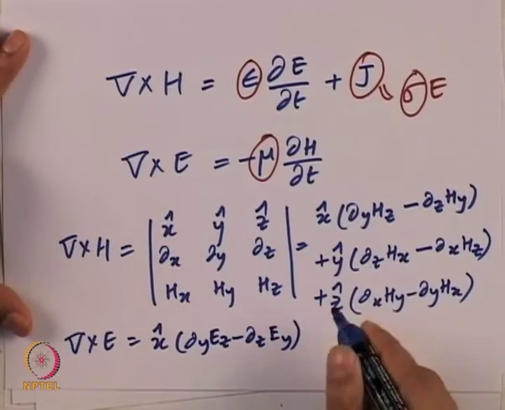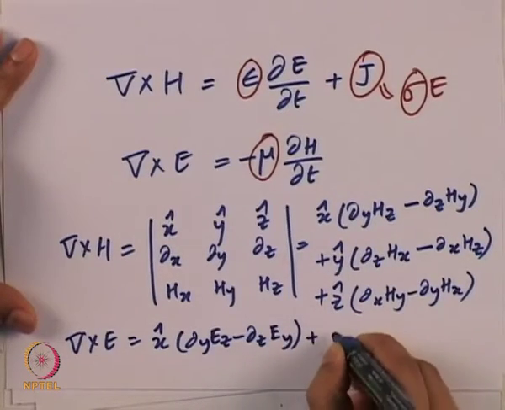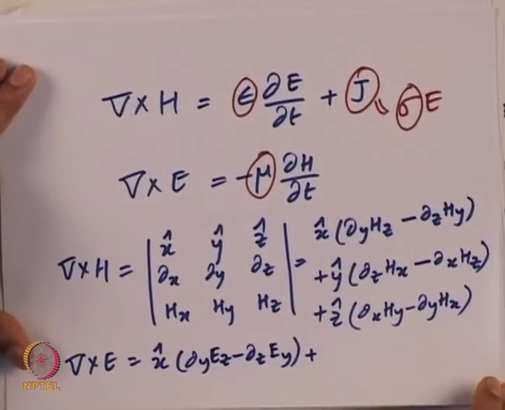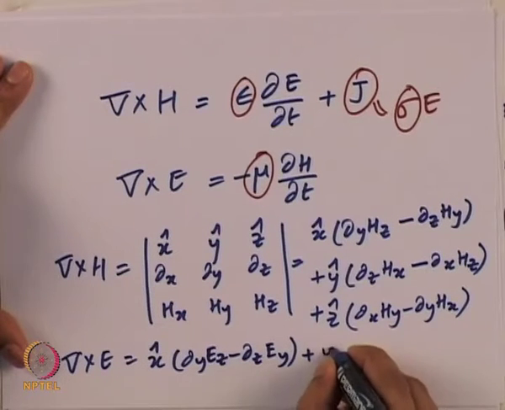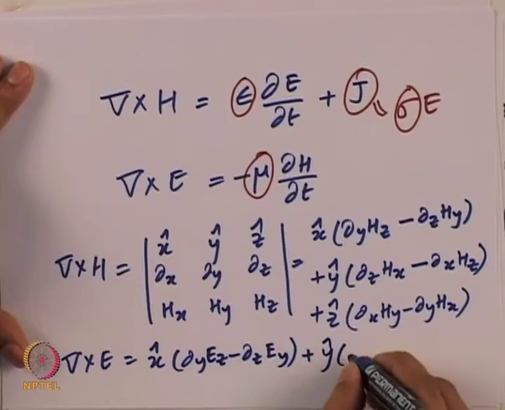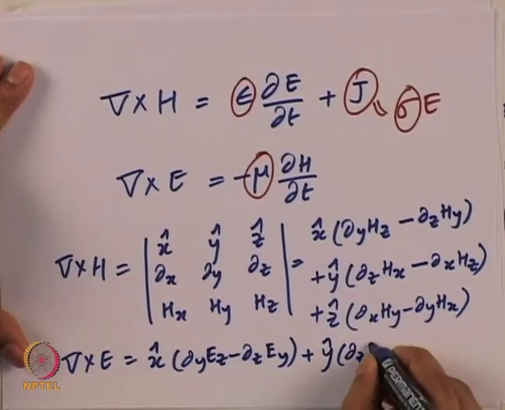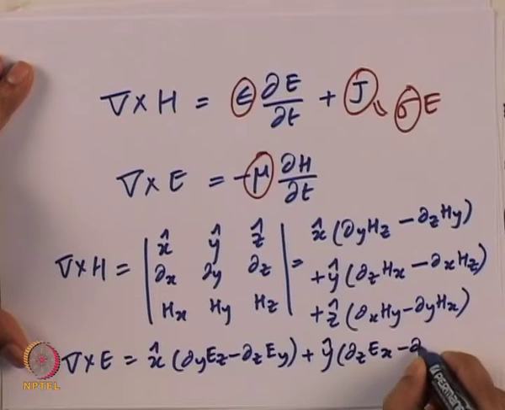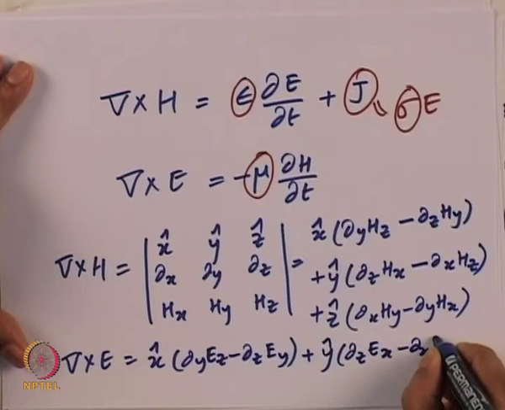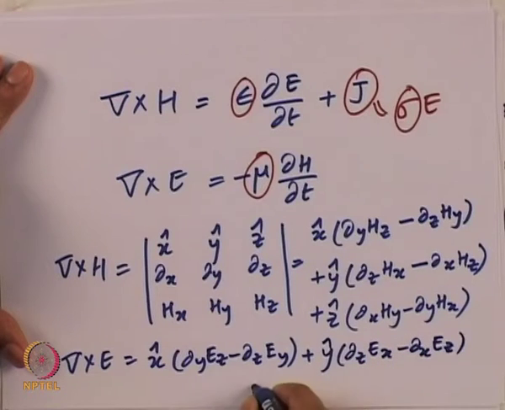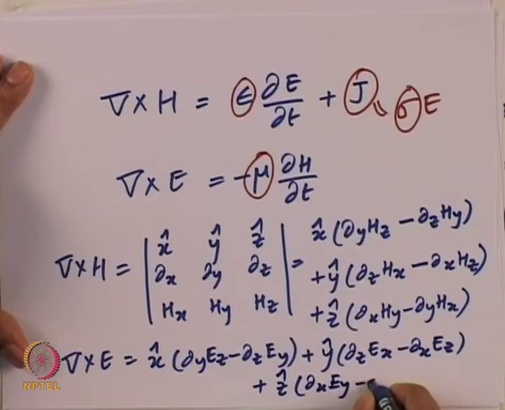Wherever there is H, I am going to convert it into E, so that makes the equation straightforward. The y component is dou z Ex minus dou x Ez, and the z component is dou x Ey minus dou y Ex.